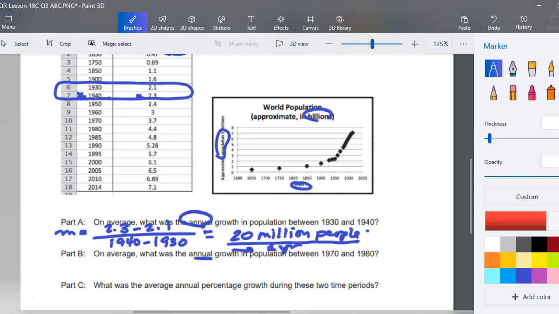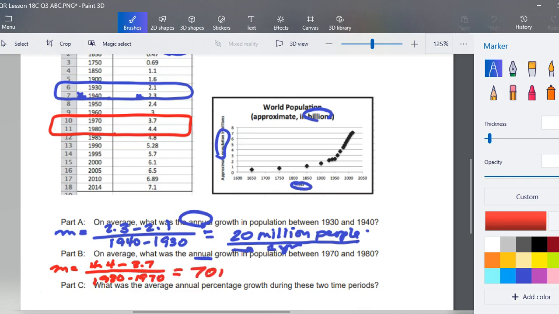So looking at 1970 and 1980, our slope is 4.4 minus 3.7 over 1980 minus 1970. And we're getting about 70 million people per 1 year. Well, it's not growing linearly, because 20 and 70 are not the same.